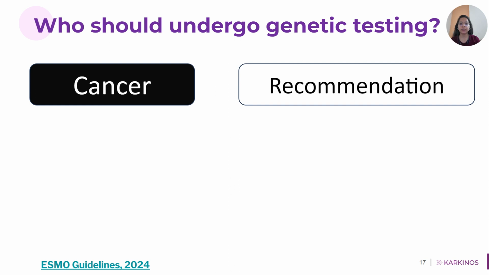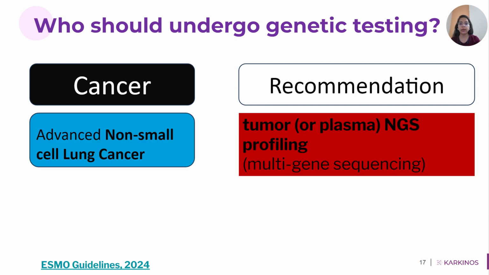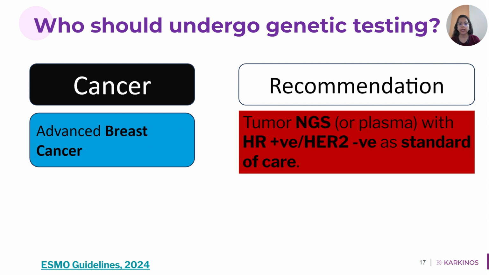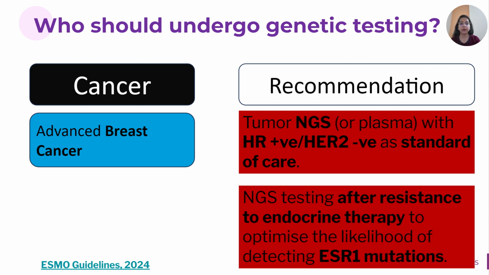have been recommendations for specific cancers. So let's talk about them one by one. For advanced non-small cell lung cancer, it is recommended to perform tumor NGS profiling using multi-gene panels. For advanced breast cancer, tumor NGS with hormone receptor positive or HER2 negative should be performed as standard of care.